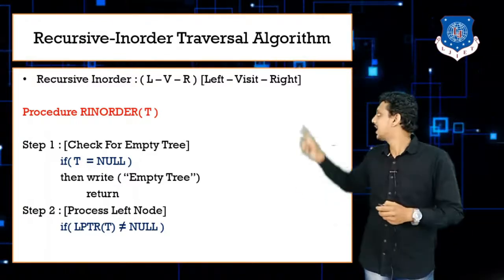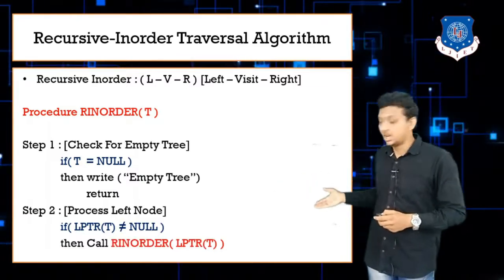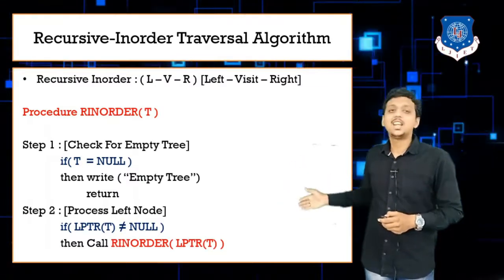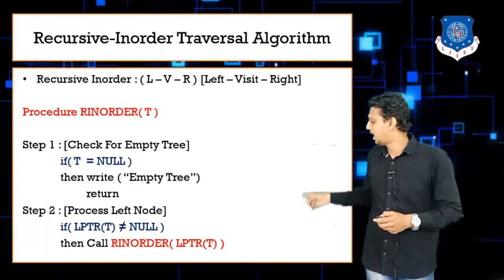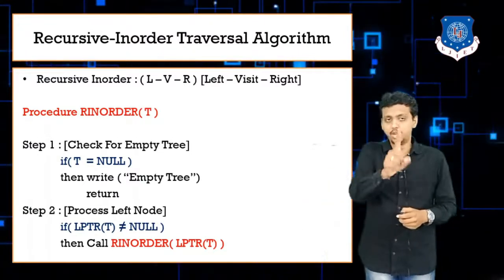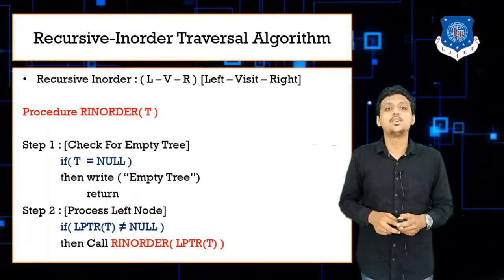Your function name is Inorder. So if LPTR is not equal to null, then call Inorder of LPTR of t.